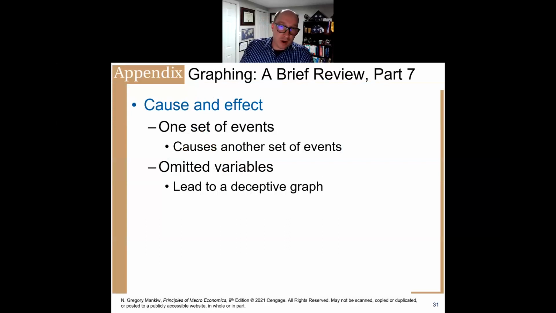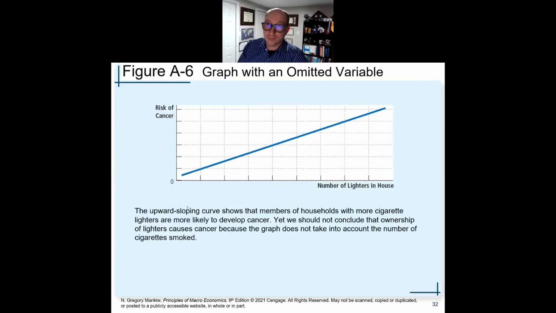In economics, especially when we do graphing, it's all about cause and effect. When there's a change in price, there's going to be a change in the quantity demanded. Those are the two variables that we look at. We exclude everything else to keep things simple. On the supply side, the slope is always upward and to the right.